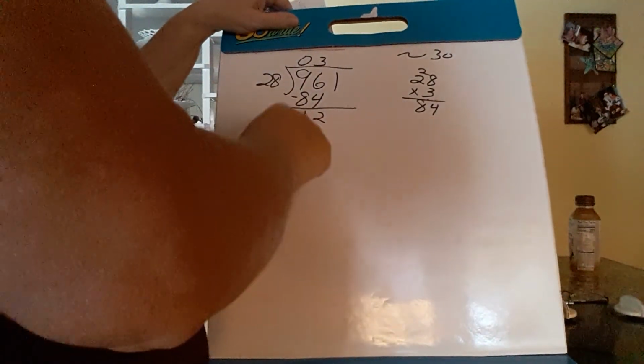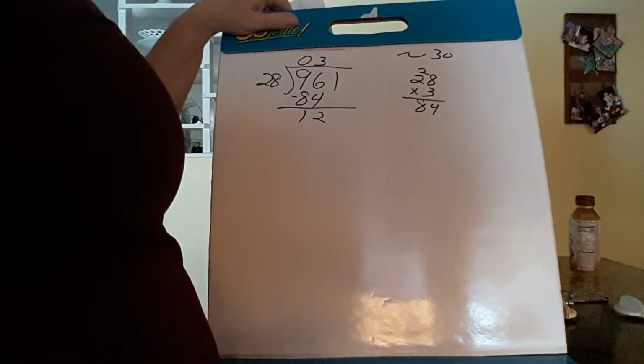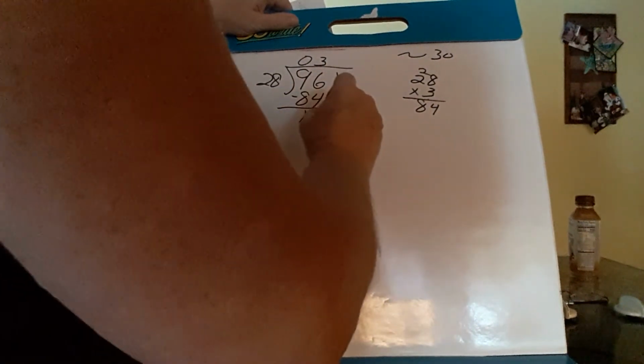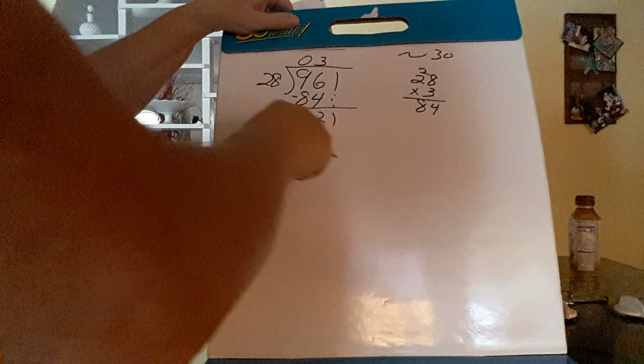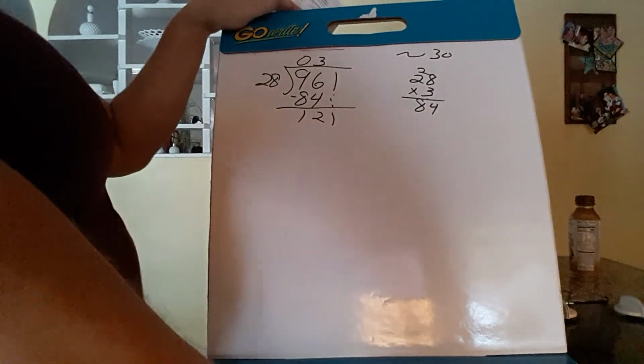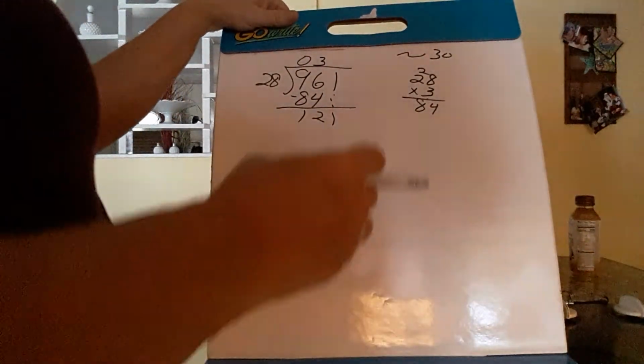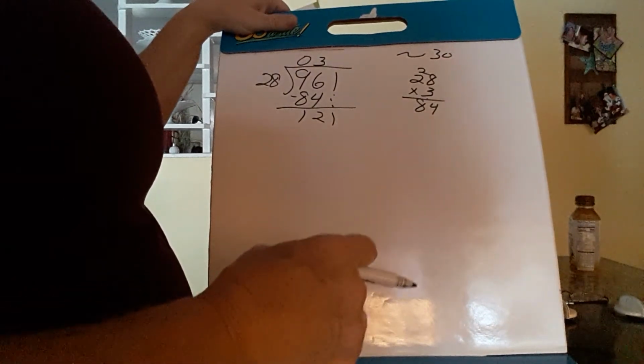Okay, will 28 go into 12? No. So we bring down our 1. How many times will 30 go into 121? Well, we know 3 times 4 is 12, so let's take 4 times 28. 4 eights are 32. 4 twos are 8, and plus 3 is 11.